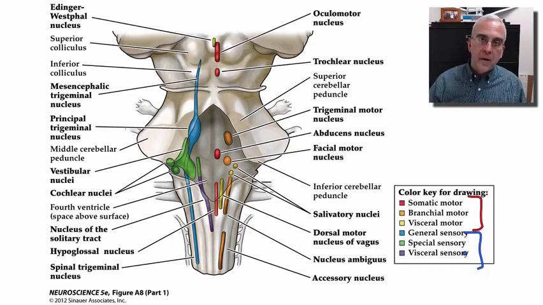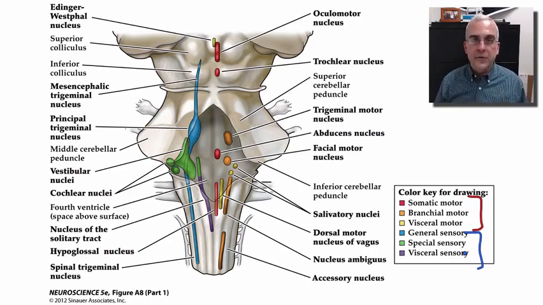So there are muscles that are derived from the embryological somites. So we call the axons that connect to those muscles somatic motor axons, and the nuclei that grew those axons somatic motor nuclei.